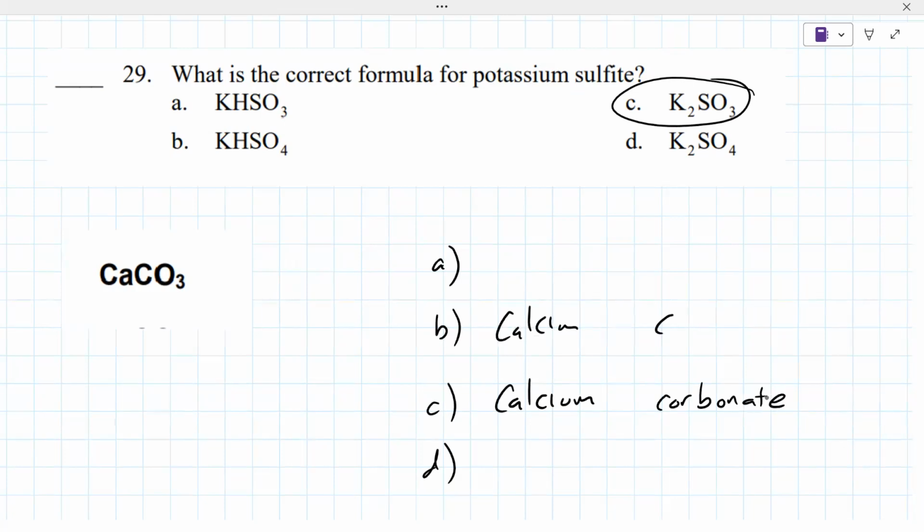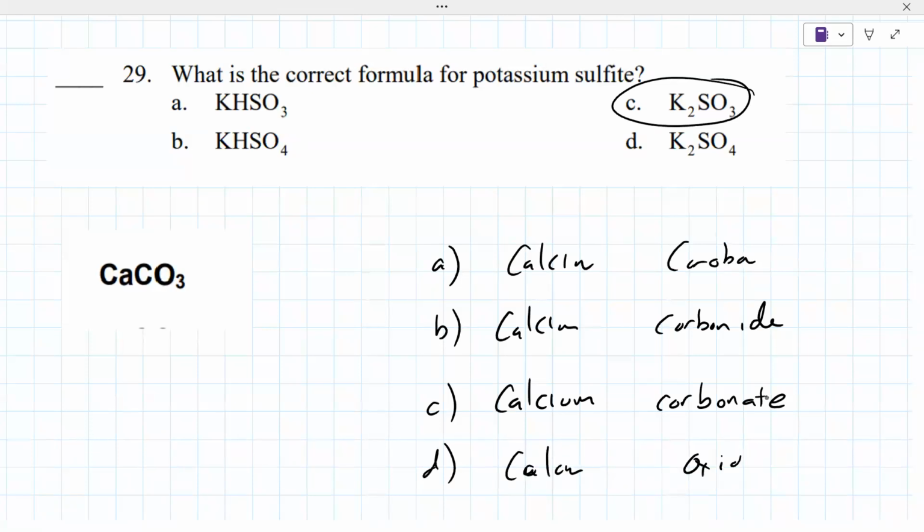The other wrong answers would be like carbonite or carbonide, or calcium oxide, maybe. It's not that easy to make these where it's kind of obvious, because only one of them fits on your reference sheet. Yeah, that one there. All right. Any other questions, thoughts?